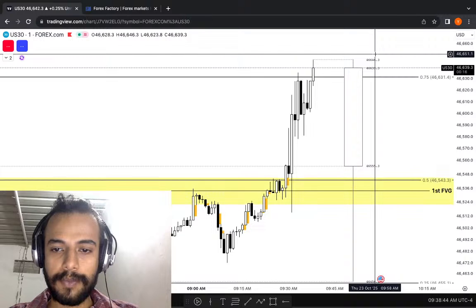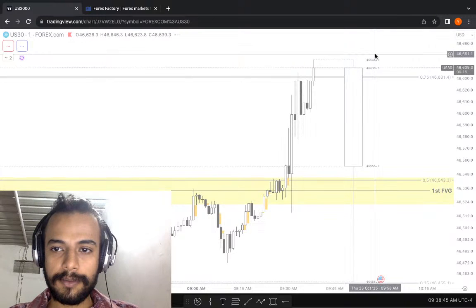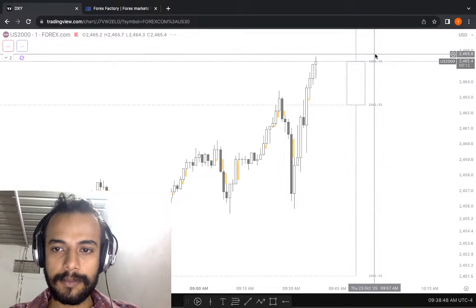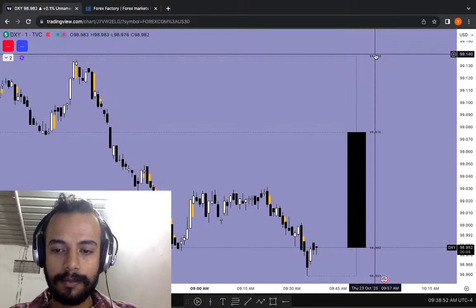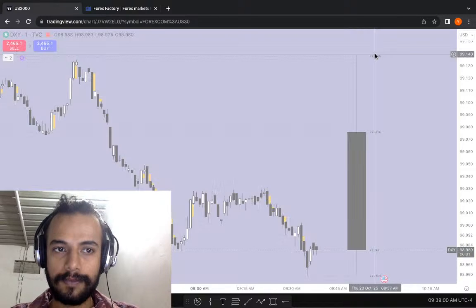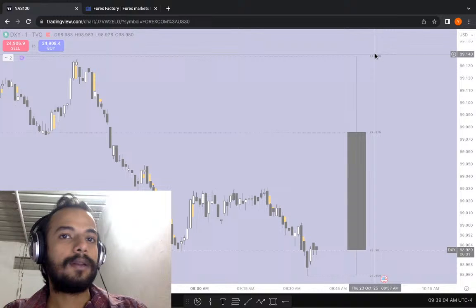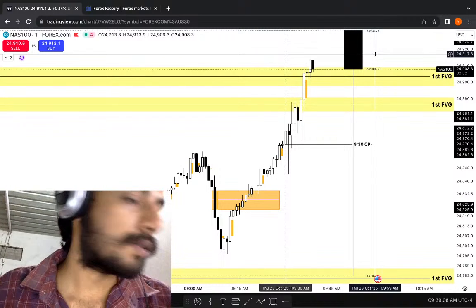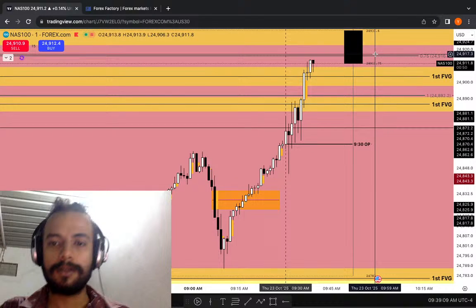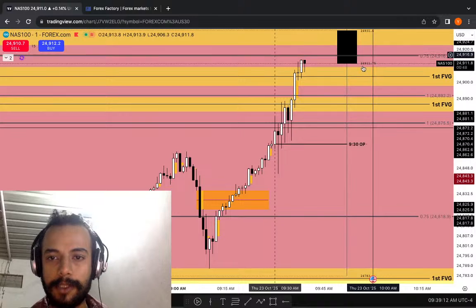S&P and Dow are pretty much bullish. And dollar index is moving lower as of now. Let's check. I've put some unbelievable pressure.